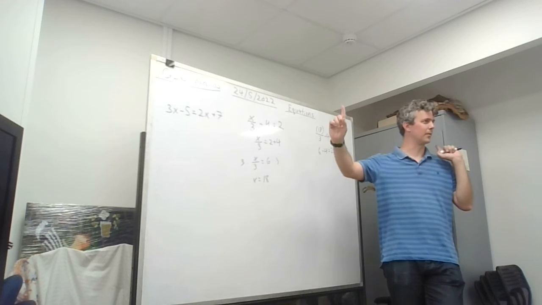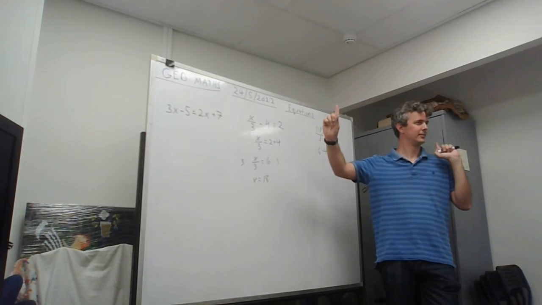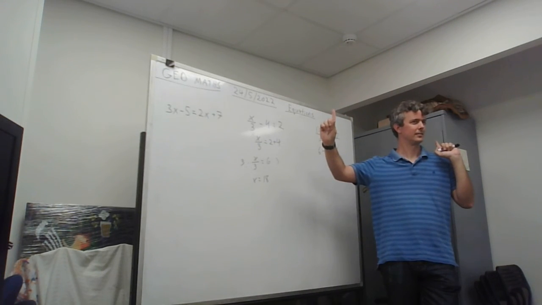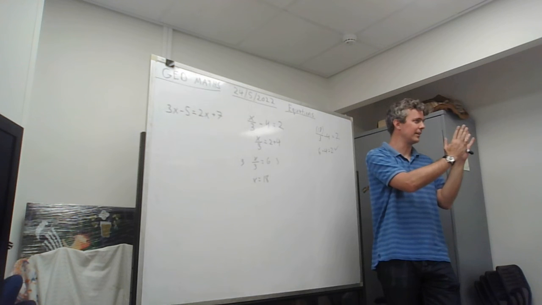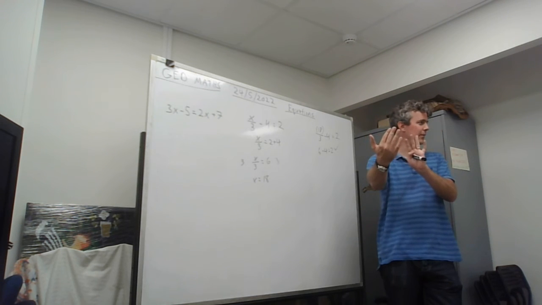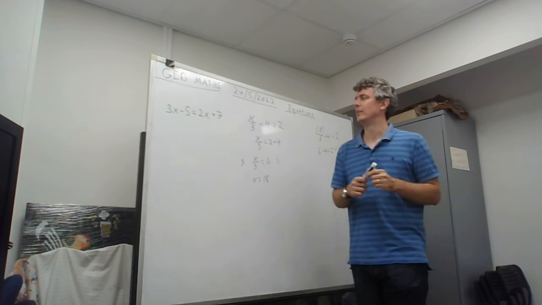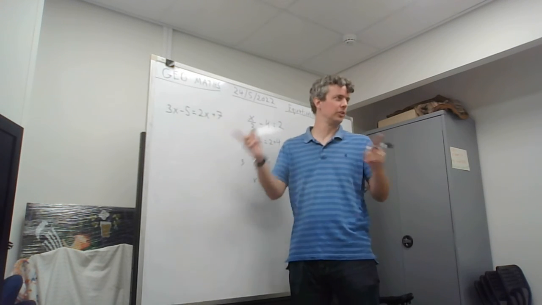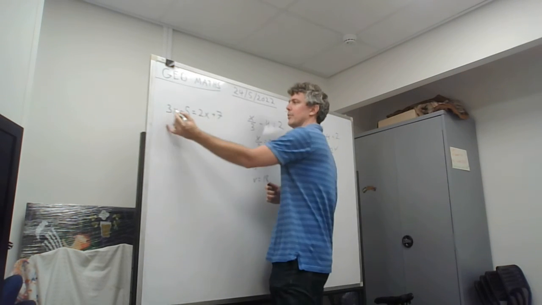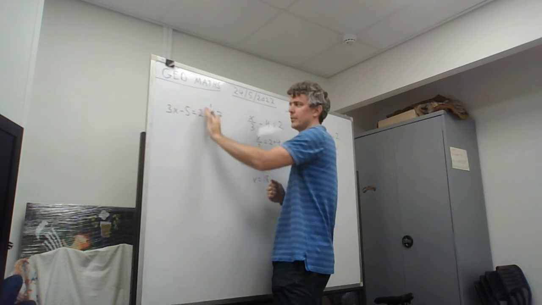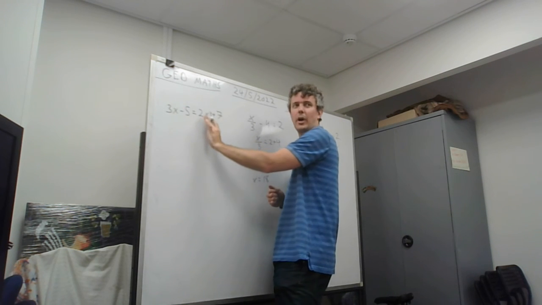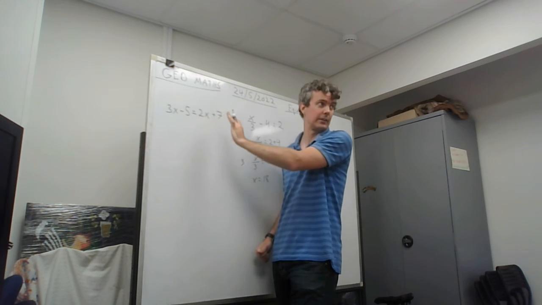Because we have x's on both sides. So we want to get all the x terms on one side, and all the constant terms on the other side. Okay? So I'll do it a step at a time, but usually you can do this in the same step. So we have 3x and 2x. I'd rather have positive, so I'm going to get rid of this 2x. So how do I get rid of this 2x? I subtract 2x, right?